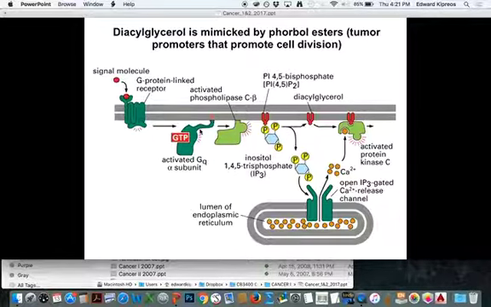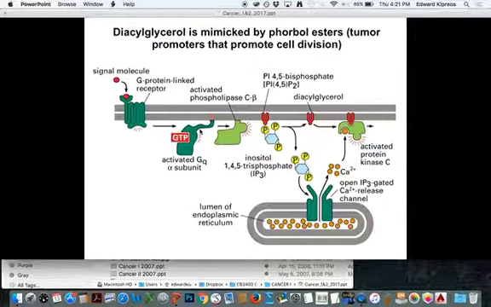Okay, so this is an example of one of these tumor promoters. You've seen this in signaling pathways, I hope, in this class. There's diacylglycerol, which is required to activate protein kinase C, and it comes from PIP2 getting cut, and then it activates protein kinase C. It turns out that if you add something that looks like diacylglycerol, called phorbol esters, that'll also make the cell divide too much.